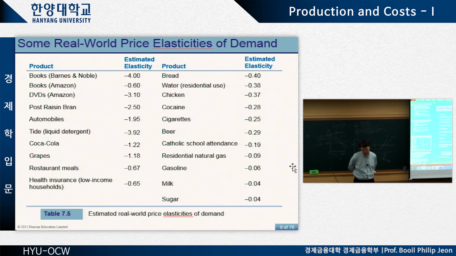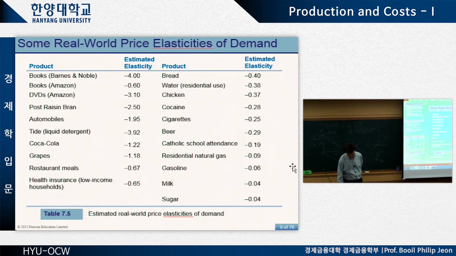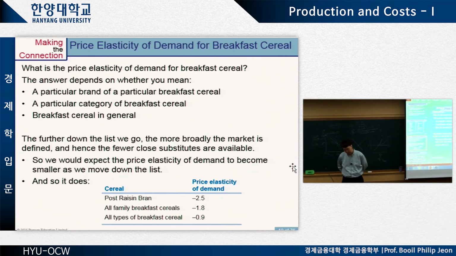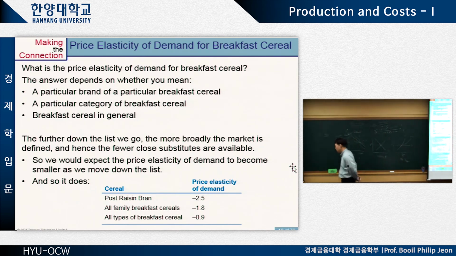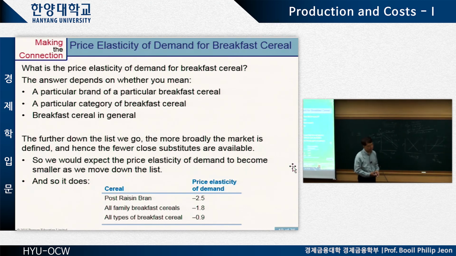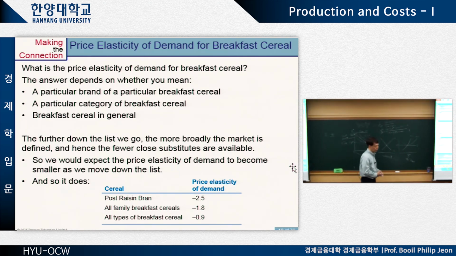Post-Raisin Bran, it is explained in the next slide. It's a brand among the breakfast cereal, right? So although the Post-Raisin Bran has high elasticity, if you compare the larger category, all types of breakfast cereal, it's very low, right? Because it's a food item, which is necessity.